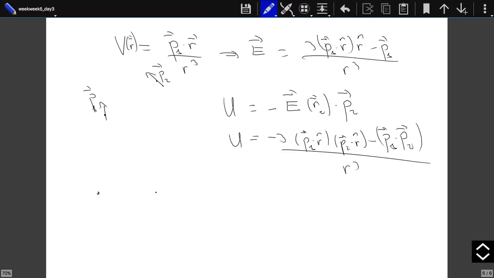For example, I have one dipole over here, the other dipole over here. In this configuration, they are aligned. The two vectors must lie on the same line. Well, they are lying in the same direction. Two vectors are in the same direction. Not the three vectors, if that's what you are talking about.